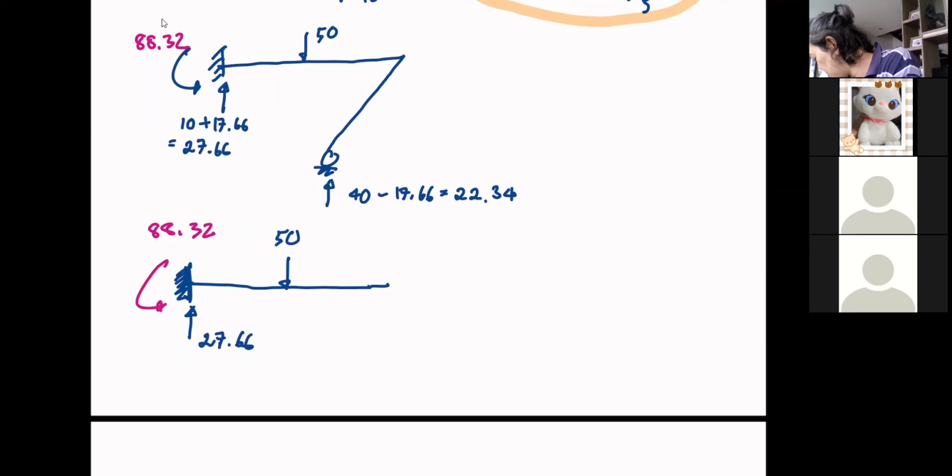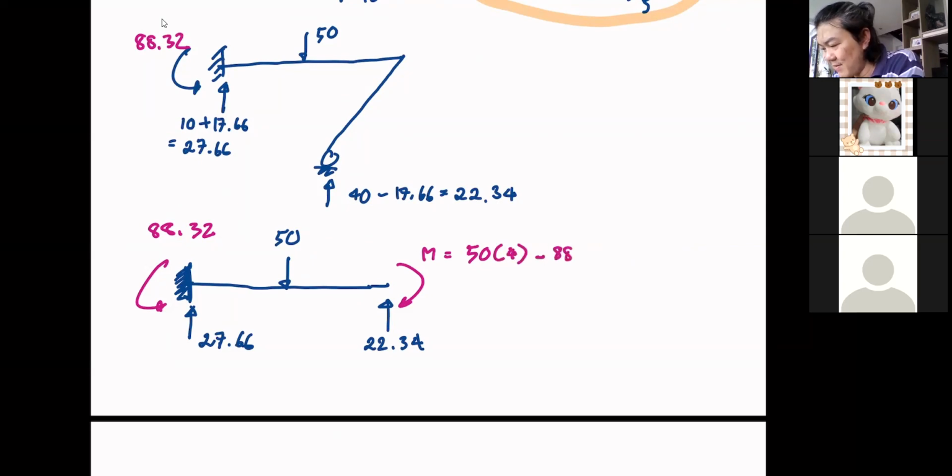So now you know this is going to be 22.34, right? And this moment should be the negative moment, and this moment is going to be equal to 50 multiplied by 4. That's a distance, right? And then minus 88.32.